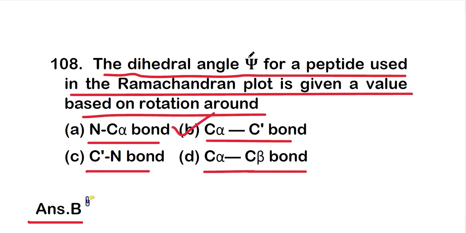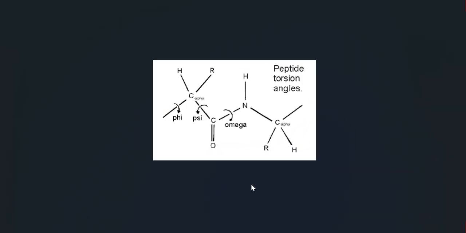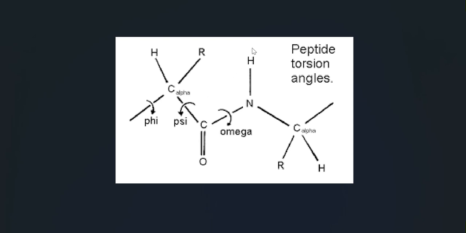So the dihedral angle psi for a peptide used in the Ramachandran plot is given a value based on rotation around the C alpha C bond. How can we see this in the picture? Here you can see this CO and NH is the peptide bond, and here is the C alpha and C. So this bond is called the psi bond.